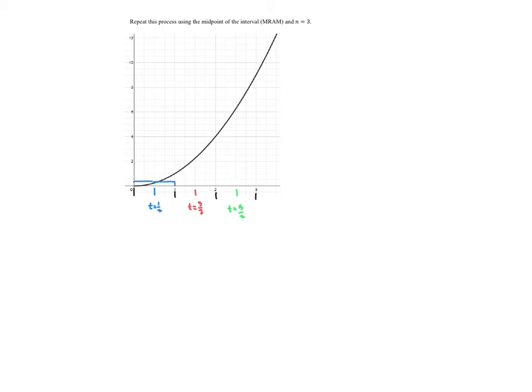So there would be the sketch of our first interval's rectangle. Our second interval, not my best, that's okay. And then my third interval.